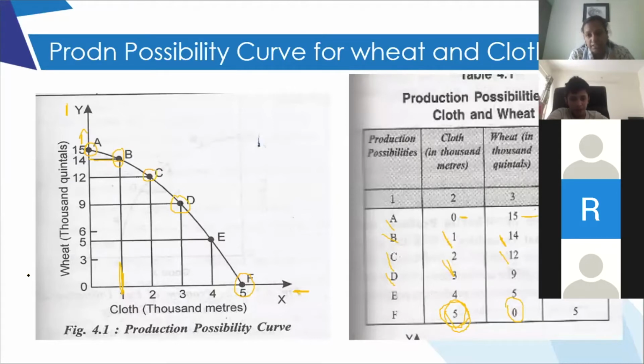It will decrease. Why will it decrease? Because we are having efficient production. That means all the resources that we have are working at their complete potential. Is it clear to all of you? That is why when you increase the production of one commodity, the other will automatically come down.